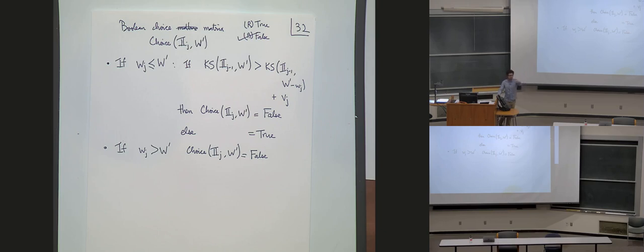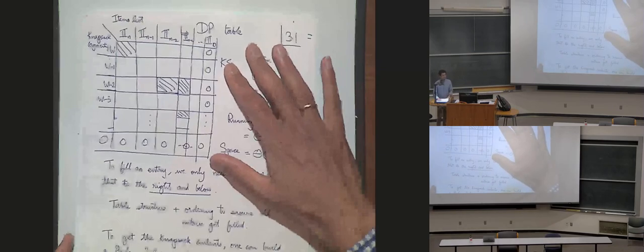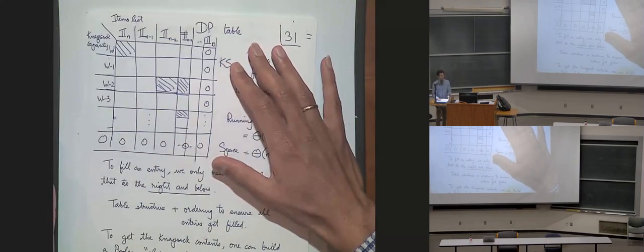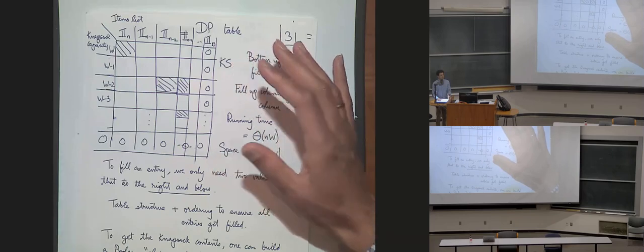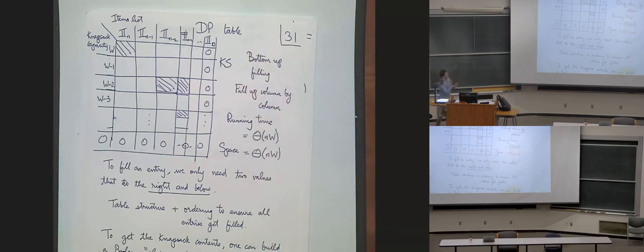When you're applying the knapsack algorithm, are you actually building the KS matrix before you even choose? Yes, you're actually going to build this matrix, and you're going to fill up the matrix. Like you could implement it so that both of them are being done together, right?